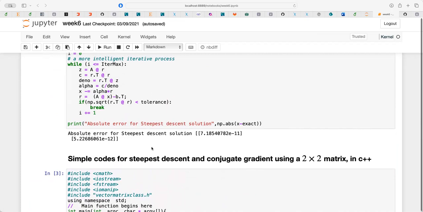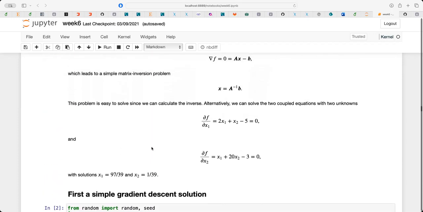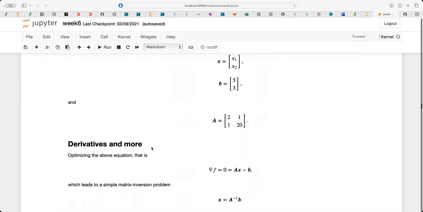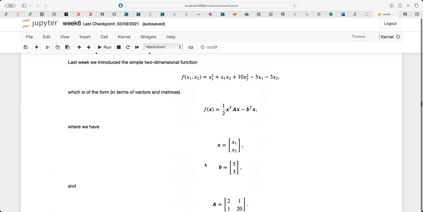I just have to take off this because I don't get it. So A, in this specific case, is the matrix which we have. If you go back to the problem, in this specific case, A is given by this matrix. This is the function which we start with.